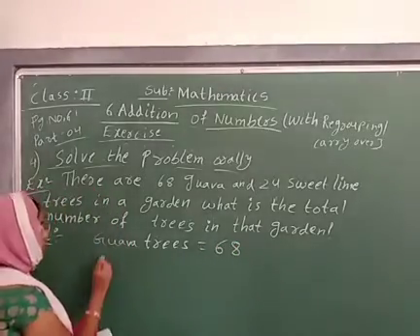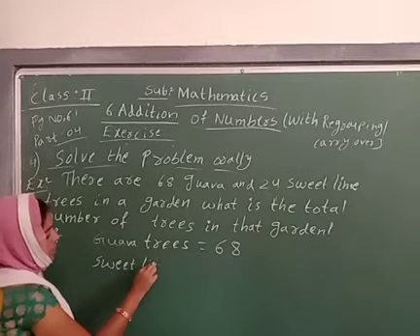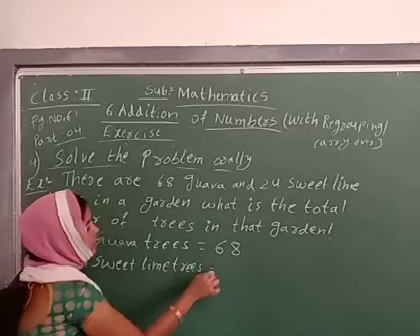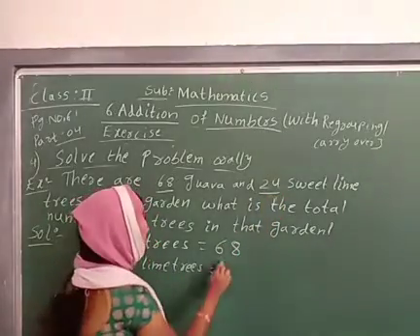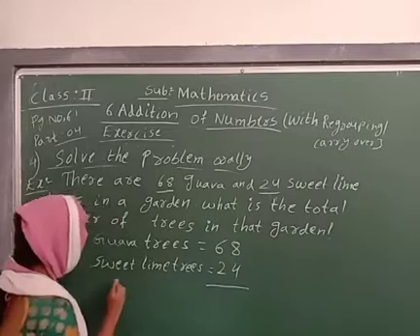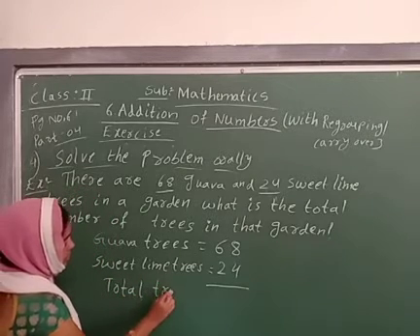Sweet lime trees, how many sweet lime trees, children? Goa trees 68, sweet lime trees 24, right? So then total trees, how many? Total trees.